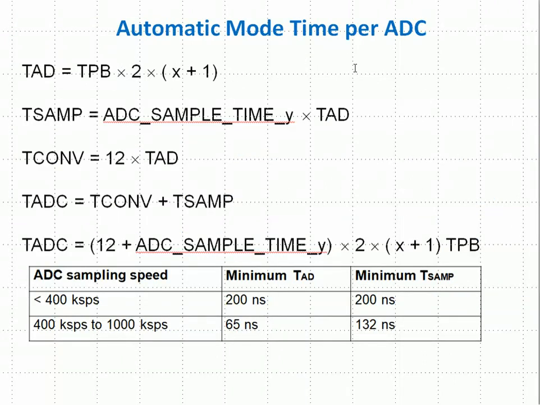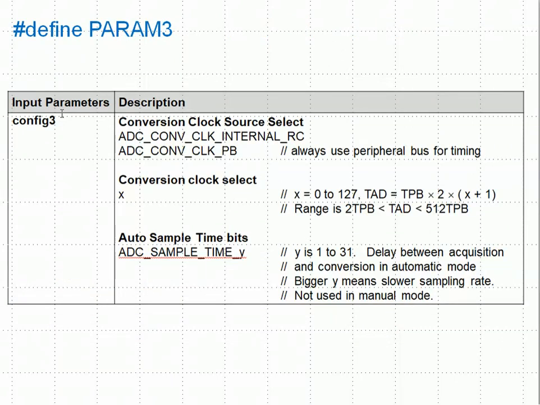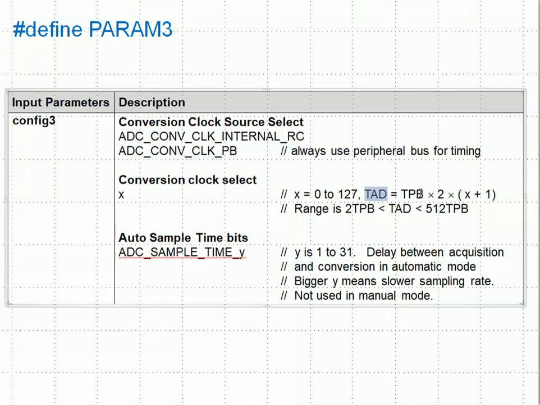So here's how the calculations go. X, the setting up here, the conversion clock select, can be any number between 0 and 127, and the timing constant is a multiple of the peripheral bus clock.